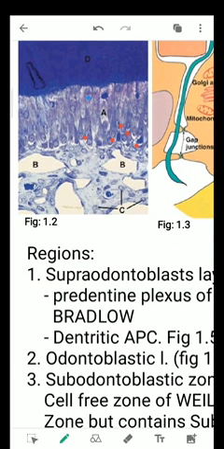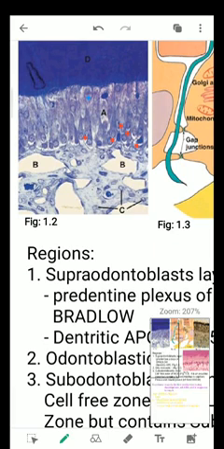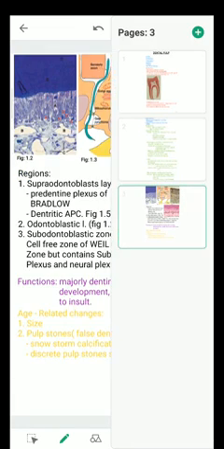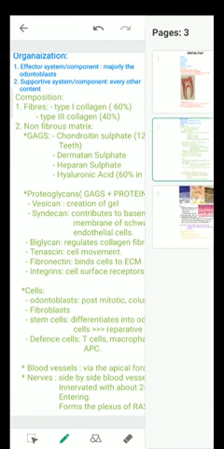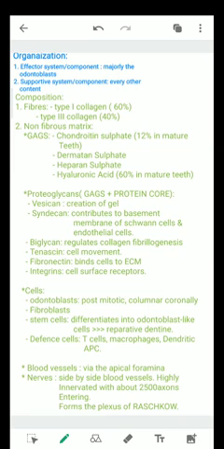So it's basically a pseudo-stratified layer. Coming back, I said it is post-mitotic, columnar coronally, and in the radicular parts of the tooth, it is cuboidal.